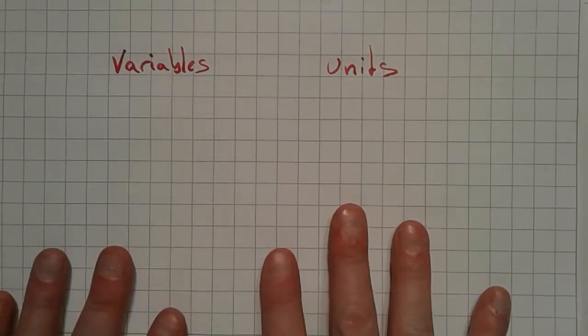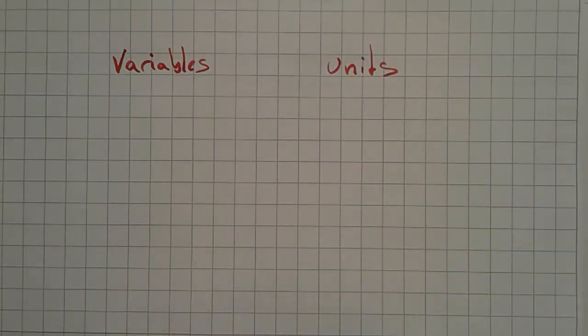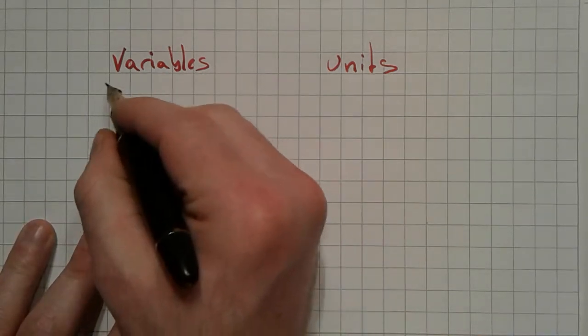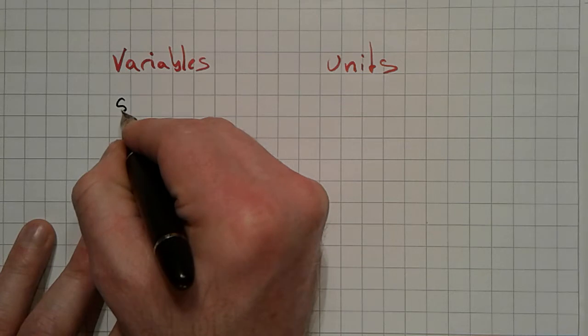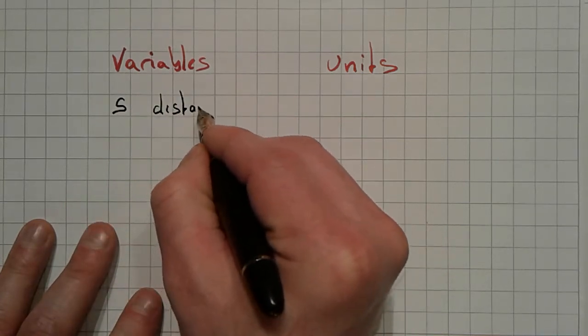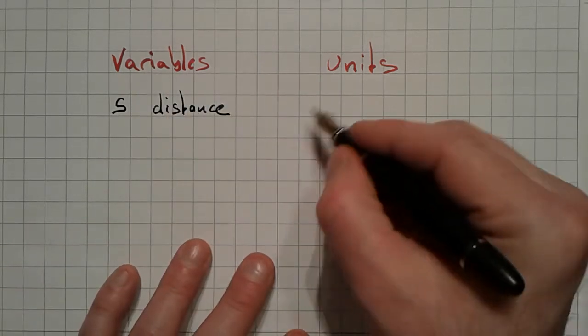Okay, before we start the test, let's have a look at the variables and the units. Now, we have the variable s, lowercase s, that is for distance. And the standard unit for that is the meter.